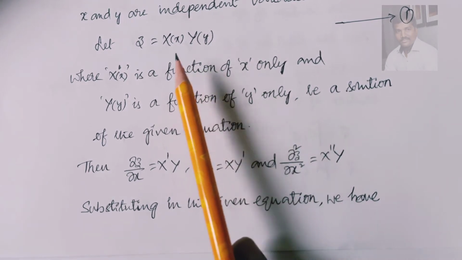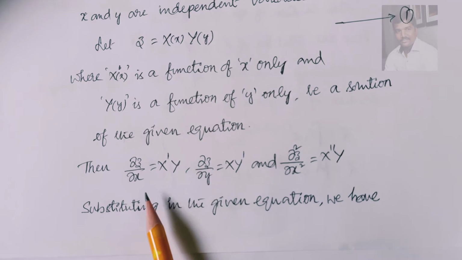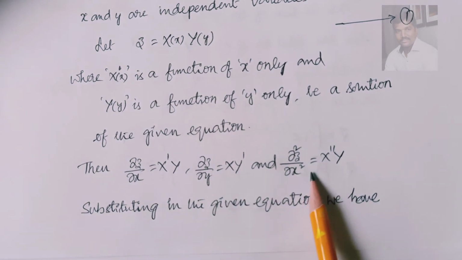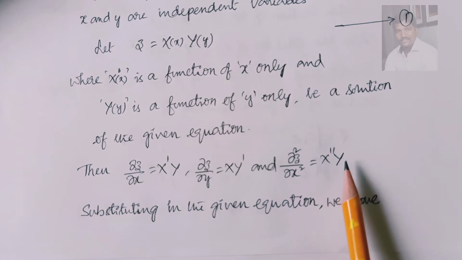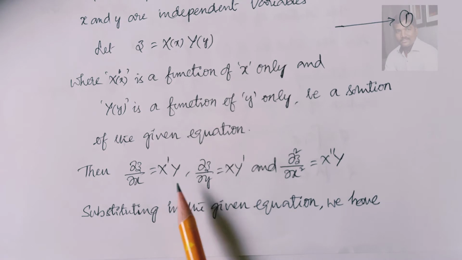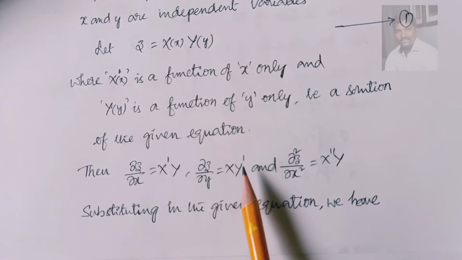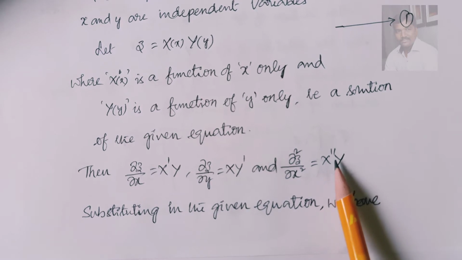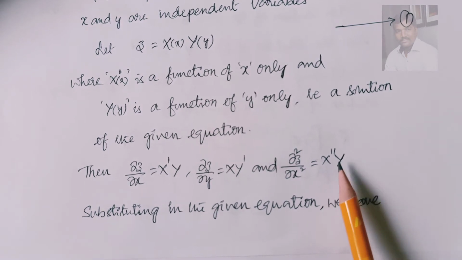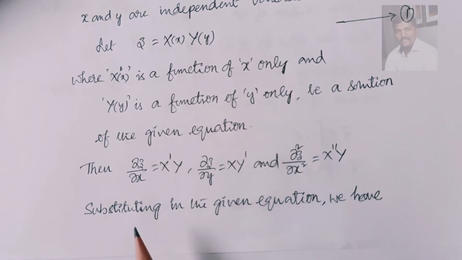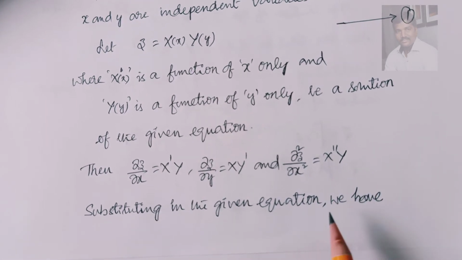Similarly, if I differentiate again with respect to x, I will get ∂²z/∂x² as X'' into Y. Here X' is dX/dx, Y' means dY/dy, and X'' means d²X/dx². Now substitute these in the given equation.